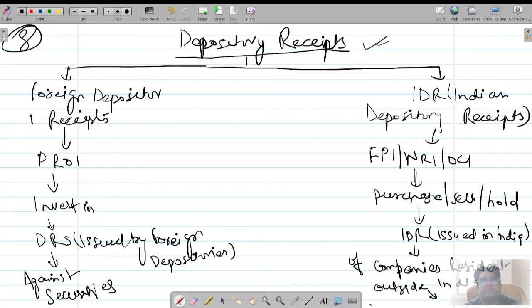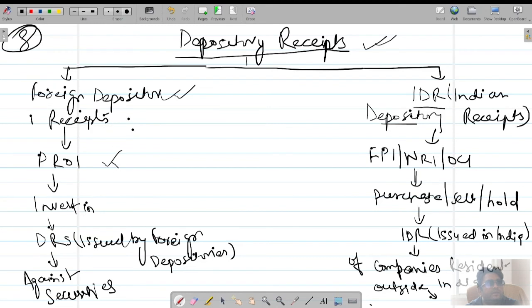Now we are going to check depository receipts. There are basically two types of depository receipts: first is IDR, Indian Depository Receipts, and the other is foreign depository receipts. Foreign depository receipts are issued by foreign depositories for foreign companies. Who can invest?